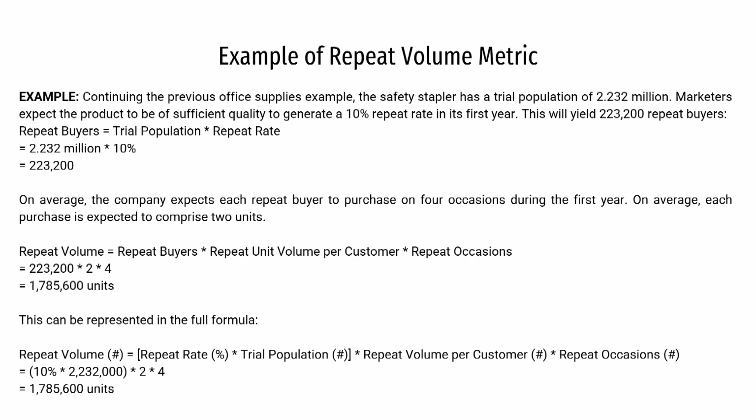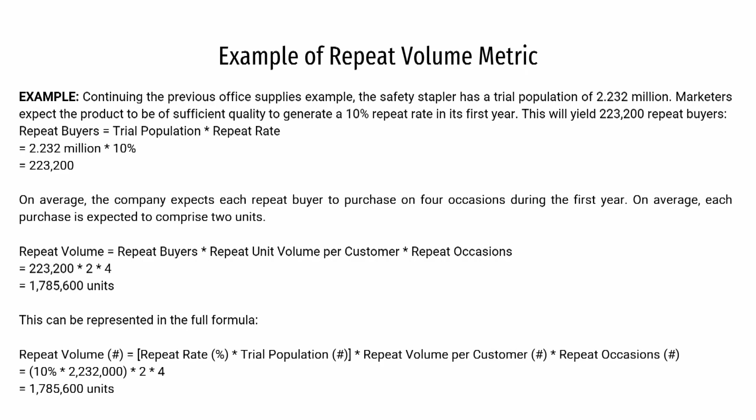So, 223,200 multiplied by 4 occasions multiplied by 2 units in each purchase gives us a value of 1,785,600 units.